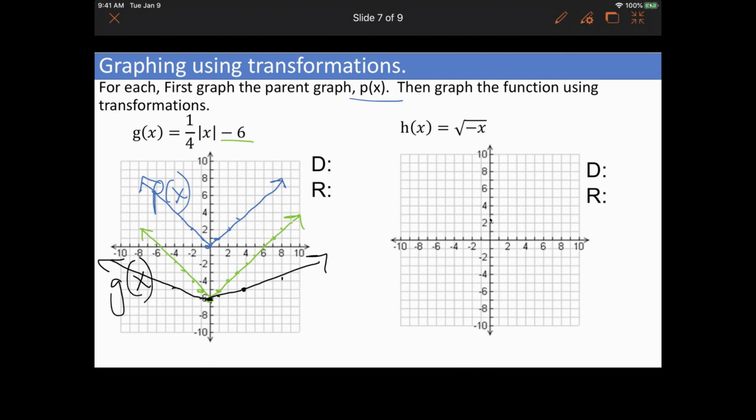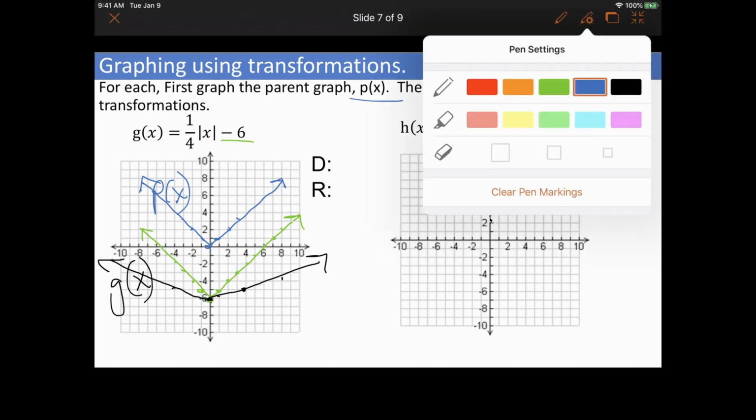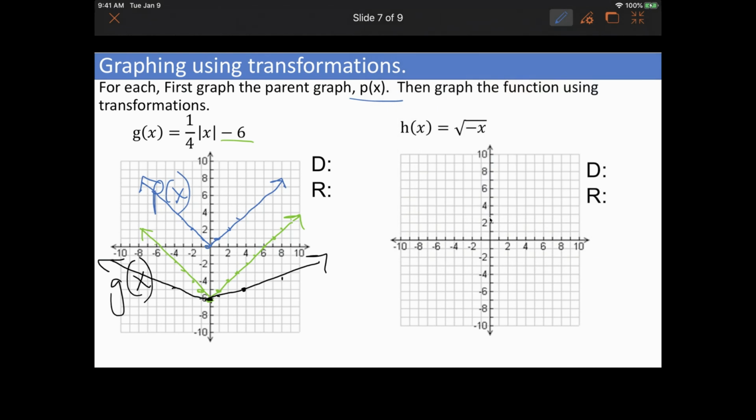All right, last one, square root function. Square root, if you're looking at the parent, 1, 1, 4, 2, 9, 3. Now, what does this negative inside do? It's different. If it was on the outside, out here, it would flip it over the x-axis.